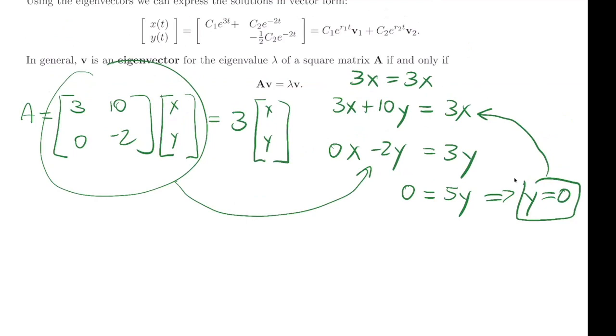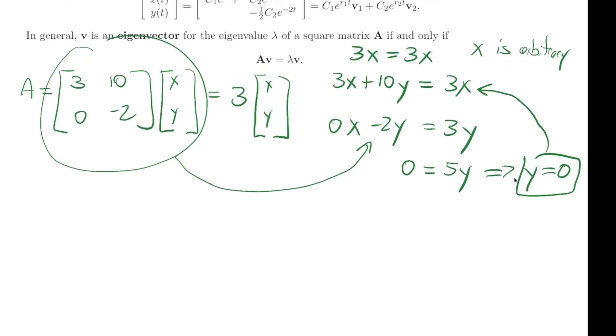That's great, again, because we should find that there are lots of solutions here. So this means x is anything. This tells me this eigenvector xy looks like x can be anything and y can be 0.